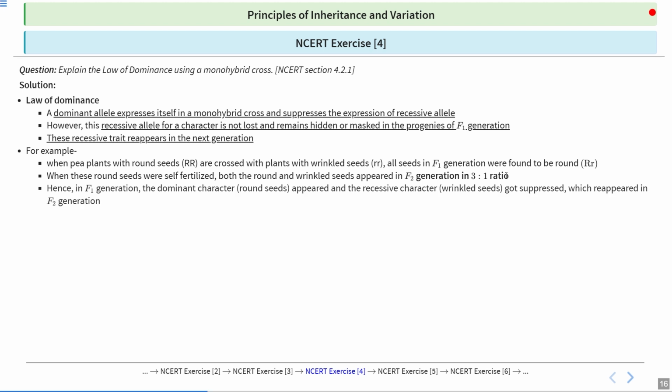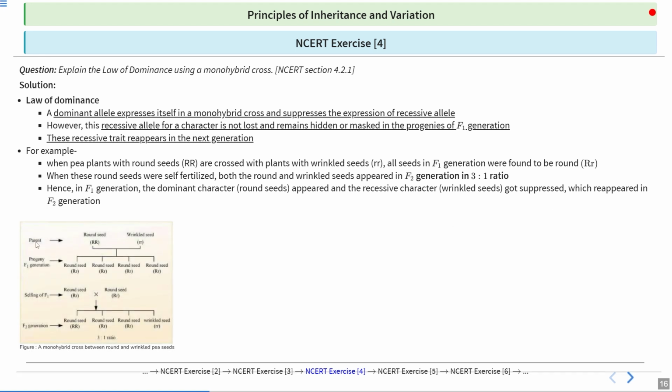This law of independent assortment is valid in the dihybrid crosses. Hence in the F1 generation, the dominant character round seeds appeared and the recessive character wrinkled seed got suppressed. So round is a dominant trait which is controlled by capital R. And this recessive trait reappeared in the F2 generation.